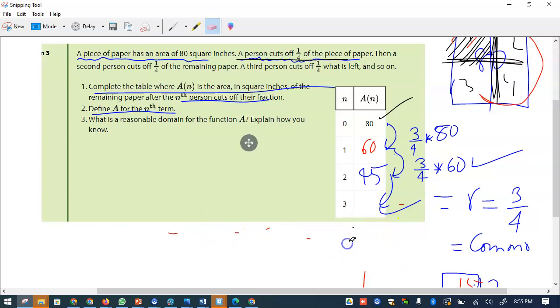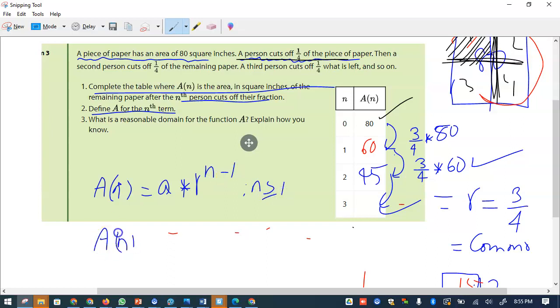N starts with 0. So the question is either I have to write A, that is the area, in the beginning that you have A, whatever that is, and then R raised to n minus 1. This is n greater than or equal to 1. Or if it starts with 0, then you do the same in the beginning at 80. That's the main thing. And every time you multiply 3/4, 3/4.